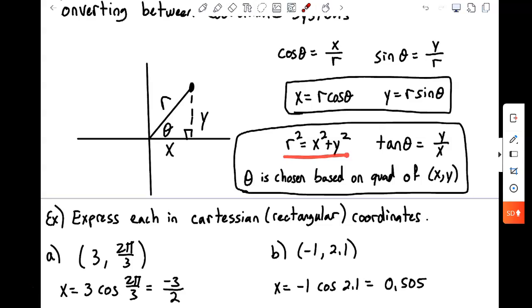So those are the ideas that we are looking at here: r cosine theta can be replaced with an x, and r sine theta can be replaced with a y. And if we have an r squared, I can replace it with x squared plus y squared.